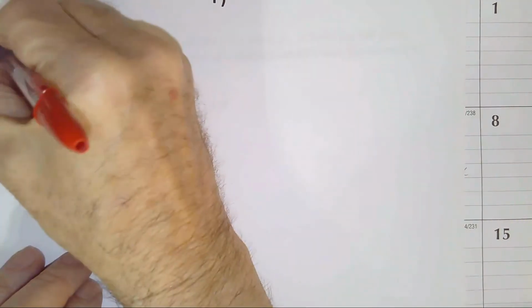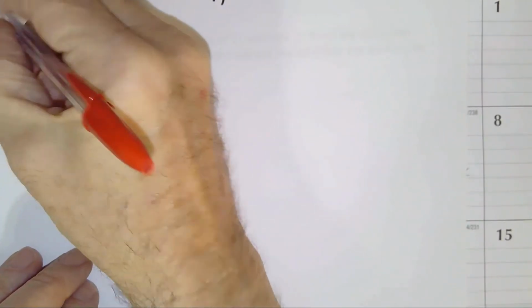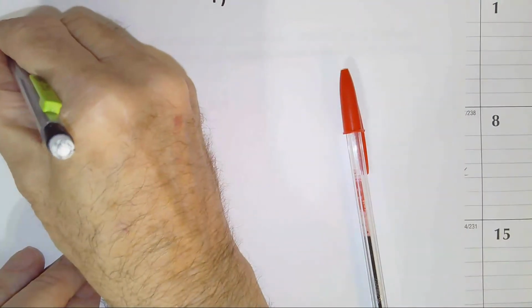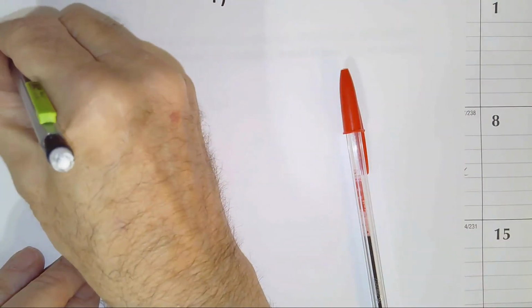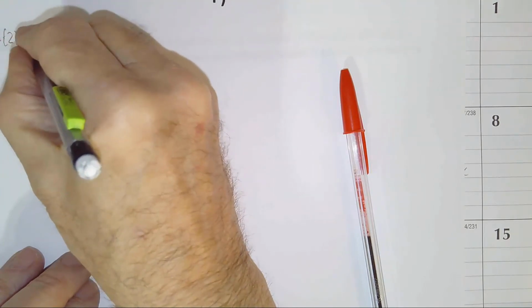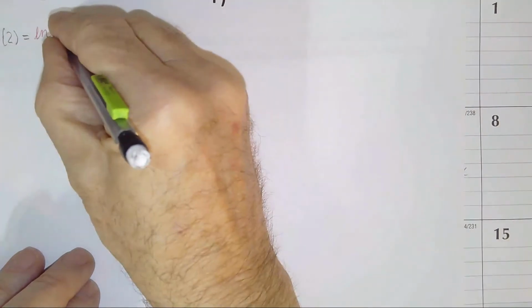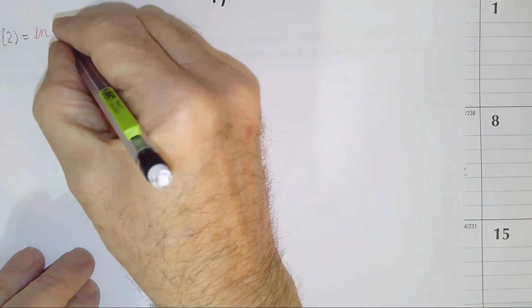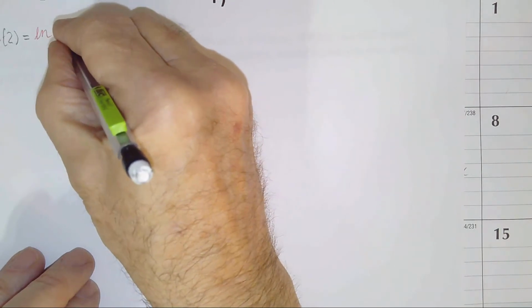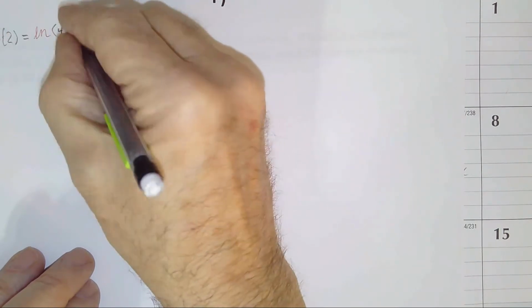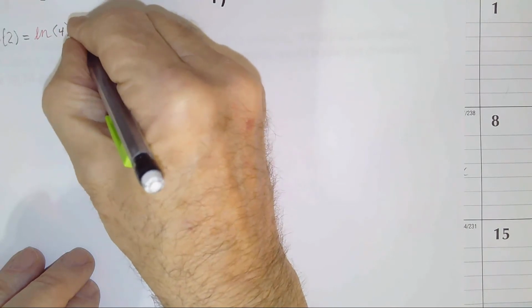So I'm going to rewrite this as the natural log of 2, put it in parentheses, equals the natural log of 4 to the 4x plus 4.